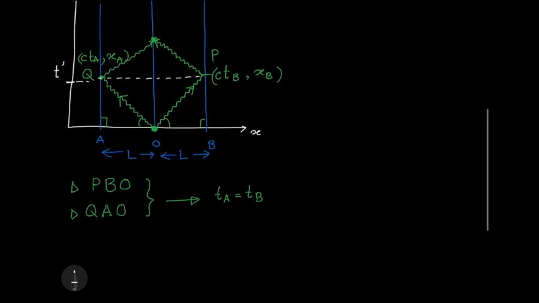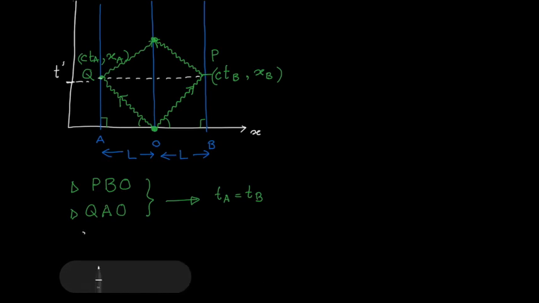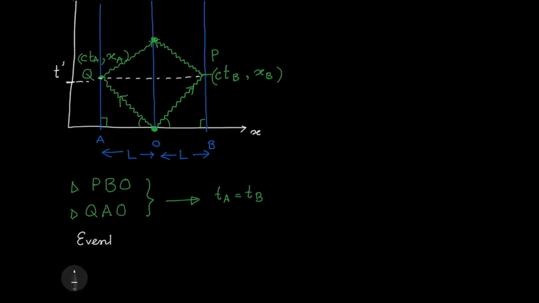Okay, so we can say that, or let's say not TA, the time itself, the events Q and P are simultaneous, means that they happen at the same time. Okay, we always talk about this simultaneous. Oh, it's just these two are happening simultaneously.